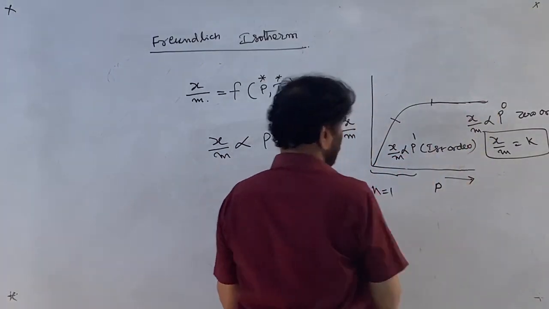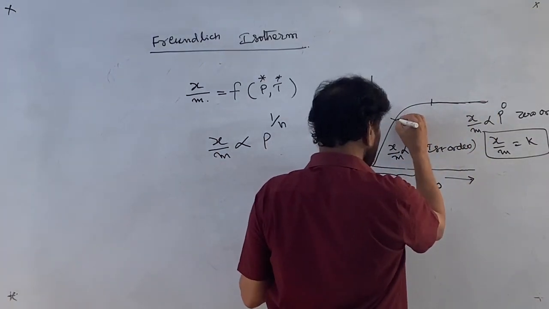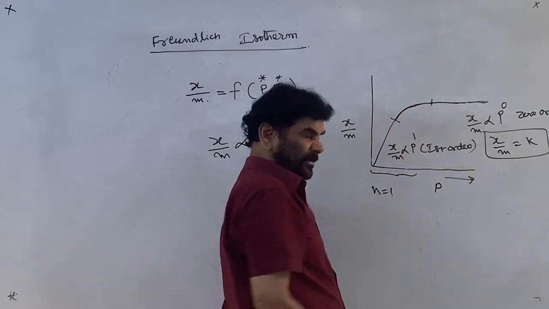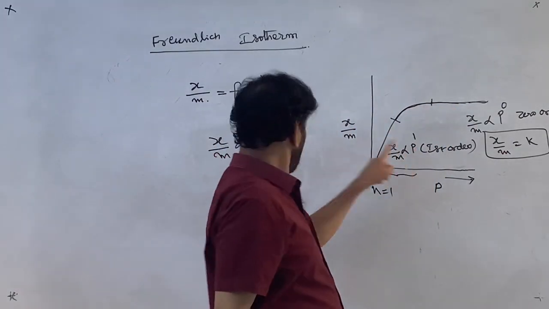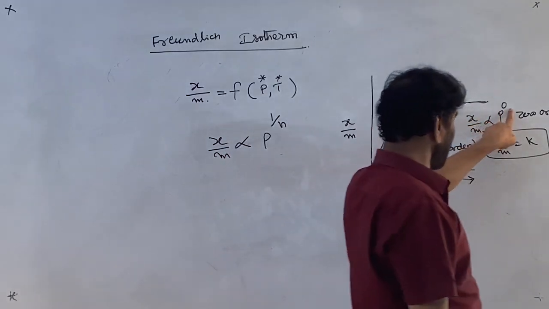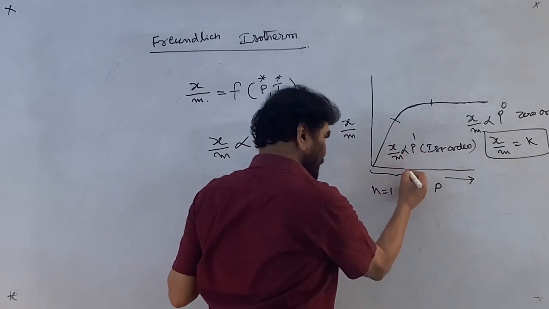In this region it is continuity, it is connected to both the regions. So this is 1 by n is equal to 1 here, and 1 by n is equal to 0 here.